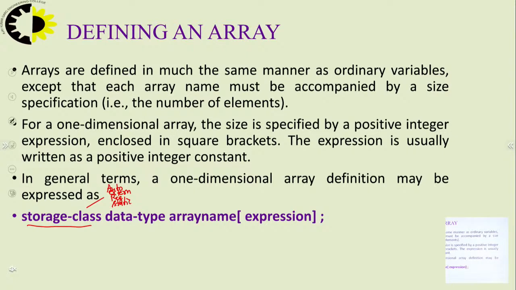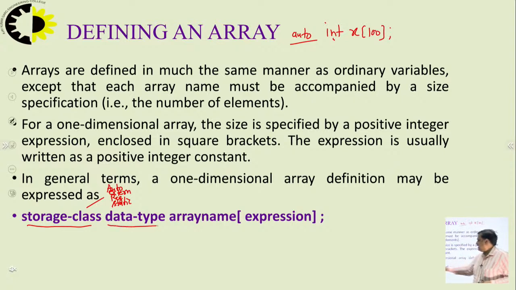These are optional, because if we do not declare any storage class, then it will be treated as auto. Like I have written int x[100]. We have not used any storage class, so by default it is auto.